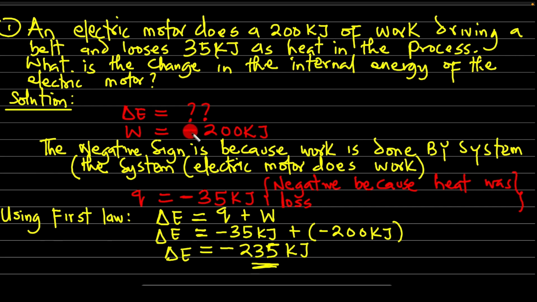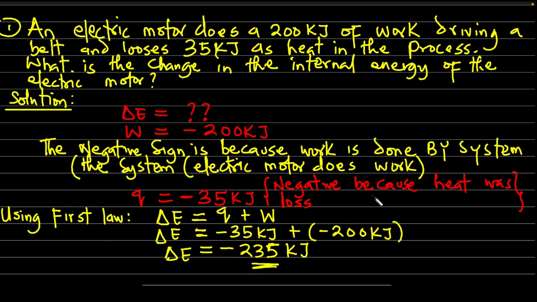That simply means that the electric motor in this case is a system and work is done by the system, and work done by the system is negative. So that is why I added negative here. Remember, anytime the system does work, it is negative. And the system in this case is the electric motor.